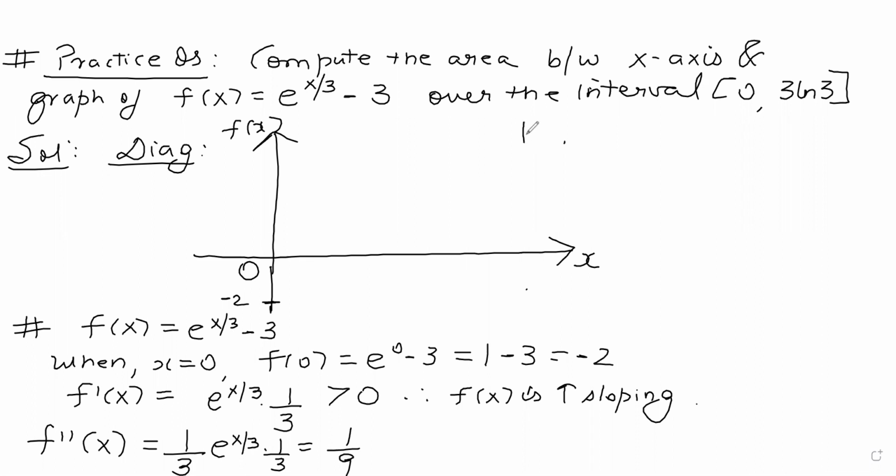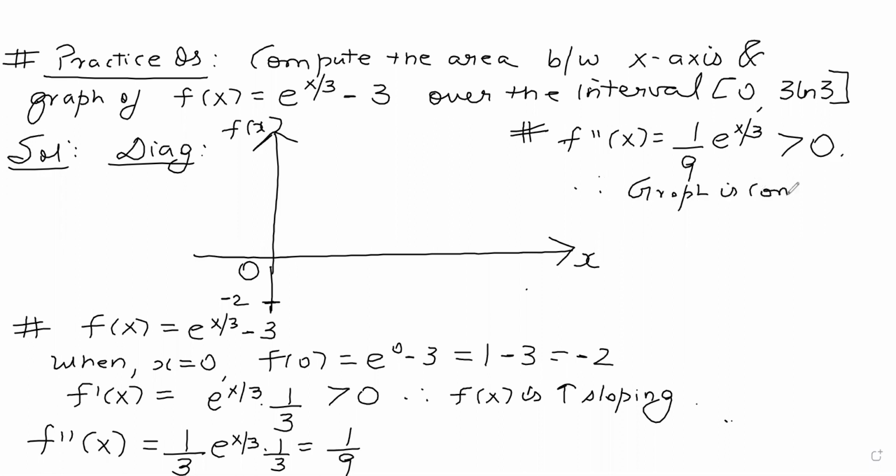So f double dash x is 1 upon 9 e to the power x by 3, which is positive. Therefore, the graph is convex to the origin.